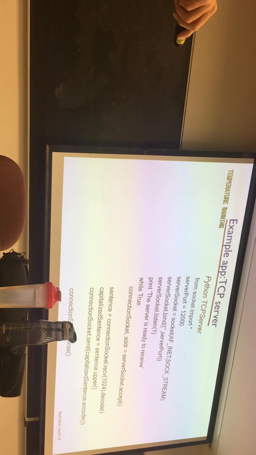Again, you can see that when we send a message on the server side, we don't need to specify the IP address of the other host or the port number, because it's already built into this connection. After we are done with this transaction, we can close it.